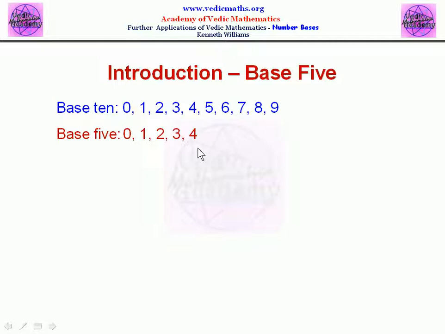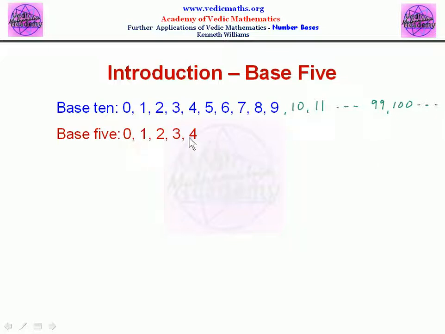And just as in base 10, if we want to go beyond 9, we have 10, 11, 12, and so on. And we go on through all the 2-digit numbers up to 99, and then 100, we go into a 3-digit number for the first time, and so on.